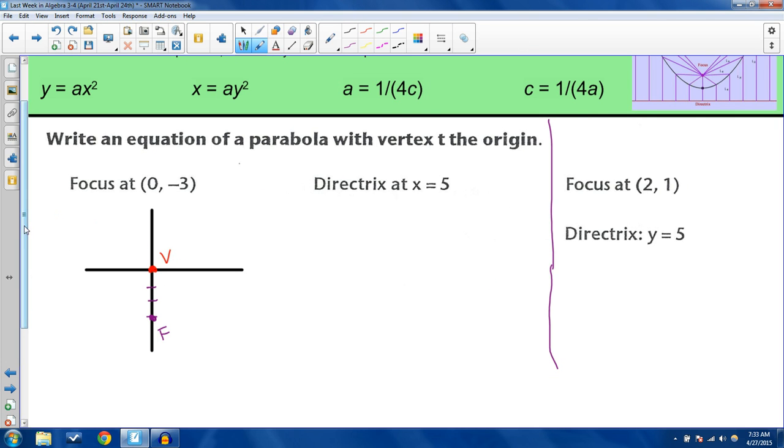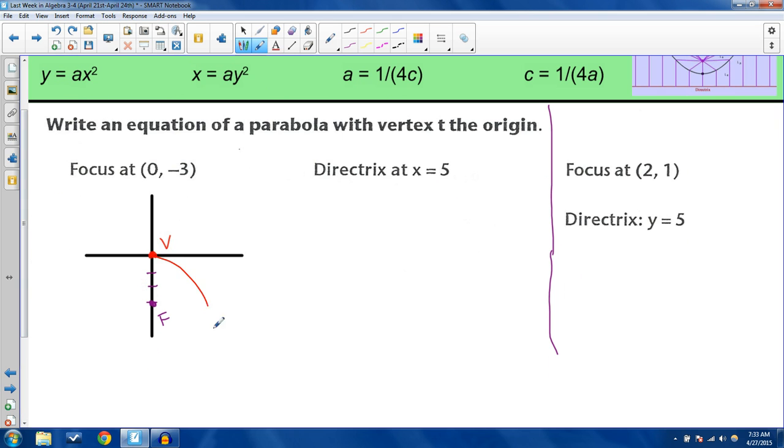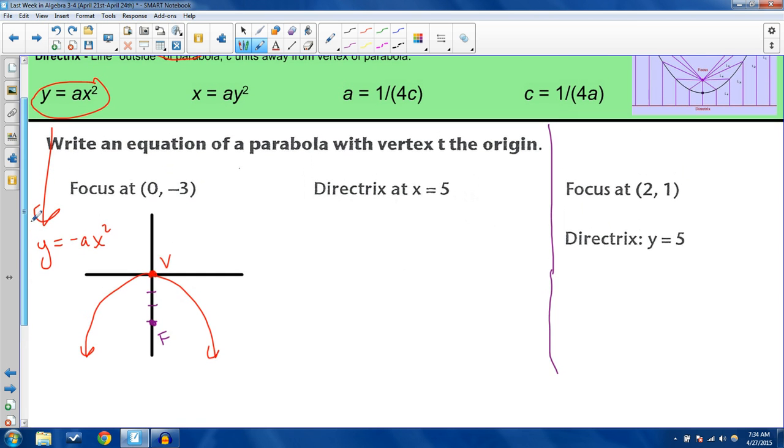If the focus is always inside the parabola, then your parabola must be going downward. That hints that this is a y equals equation, and your A should also be negative. You don't have to draw a perfect graph, just give yourself something to work with.